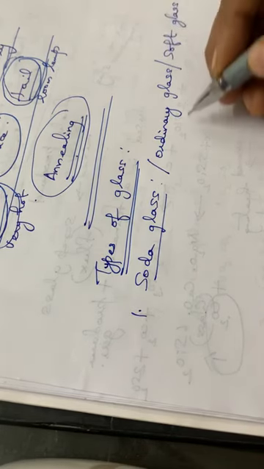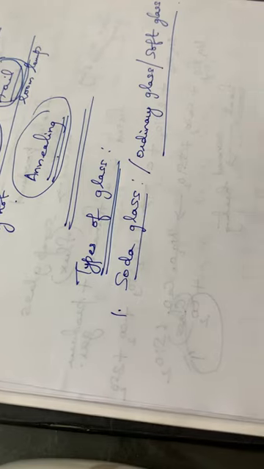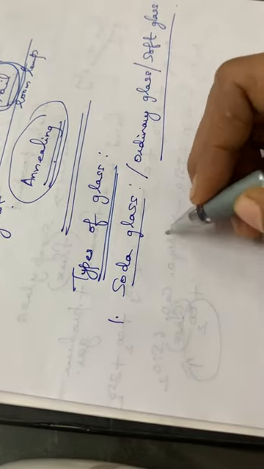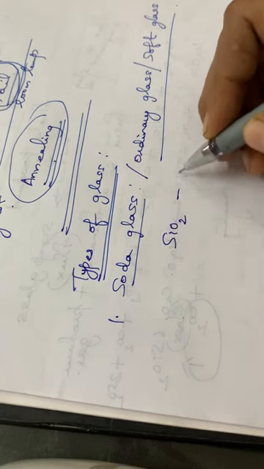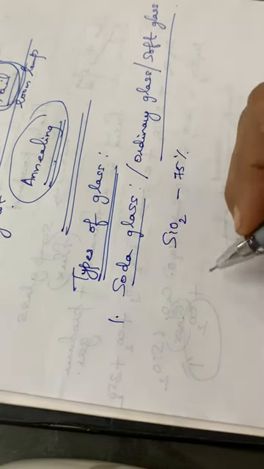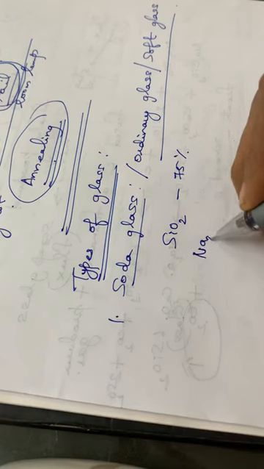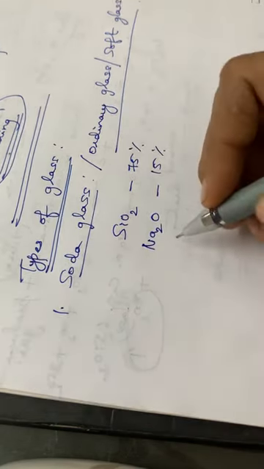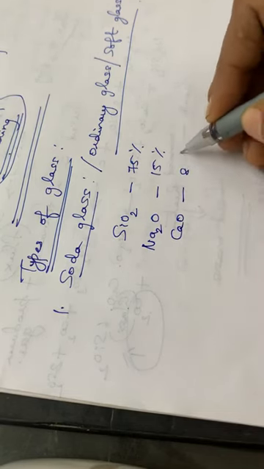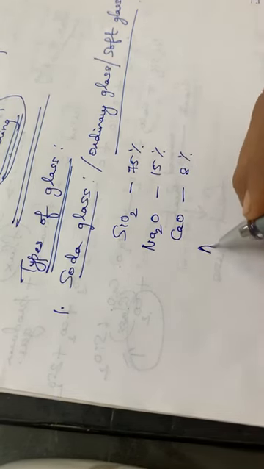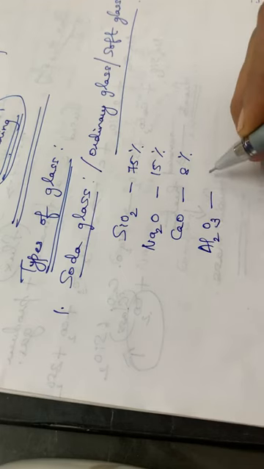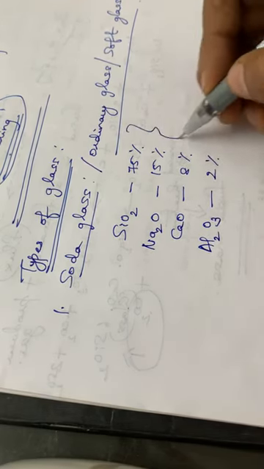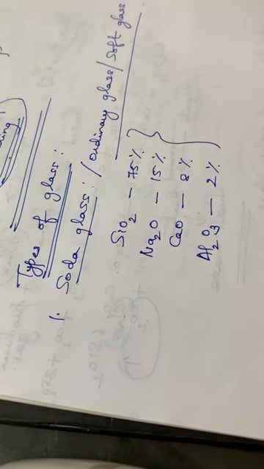The composition is like this: silica SiO2 about 75%, sodium oxide Na2O 15%, calcium oxide 8%, and aluminium oxide or alumina Al2O3 about 2%. So this is the composition of ordinary glass, soft glass or soda glass.